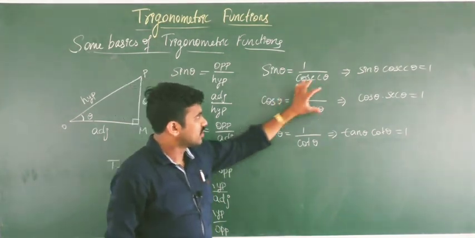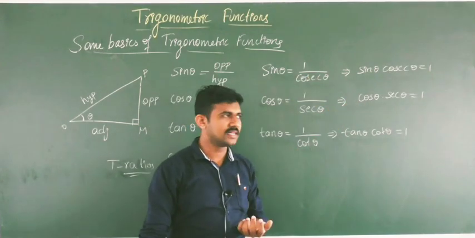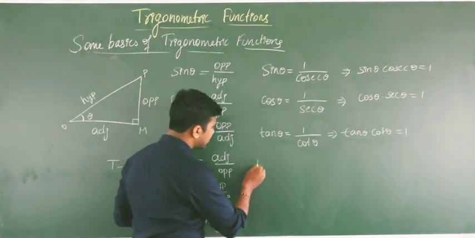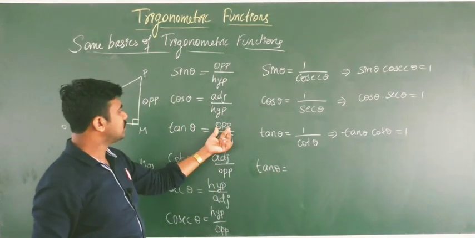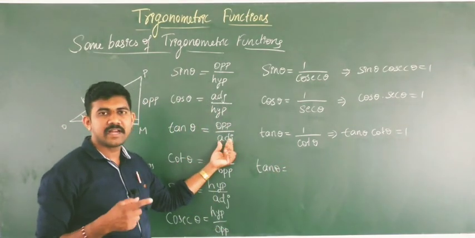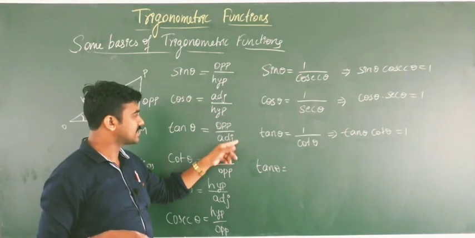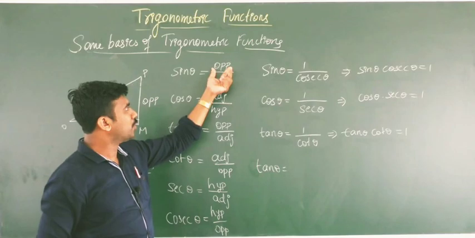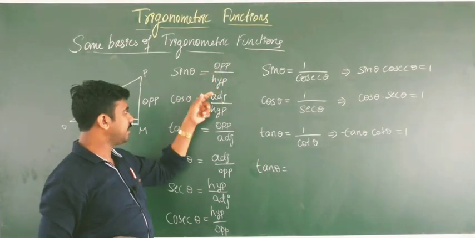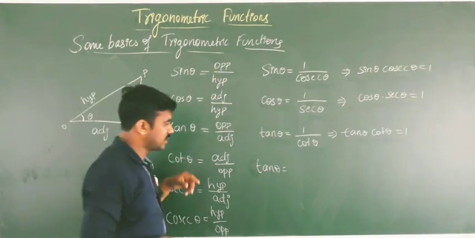Okay, so this you studied in your high school classes. And also we can write tan theta is nothing but opposite by hypotenuse divided by adjacent by hypotenuse, where the hypotenuse cancels, and we get opposite by adjacent. Means tan theta can be written as opposite by hypotenuse, sin theta, divided by adjacent by hypotenuse, cos theta.